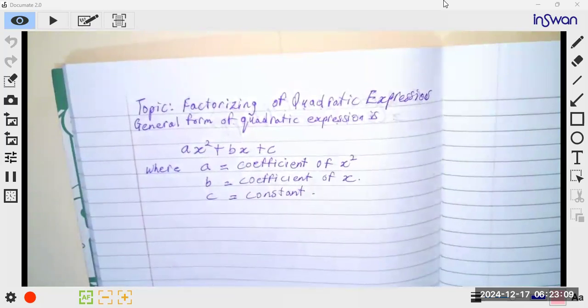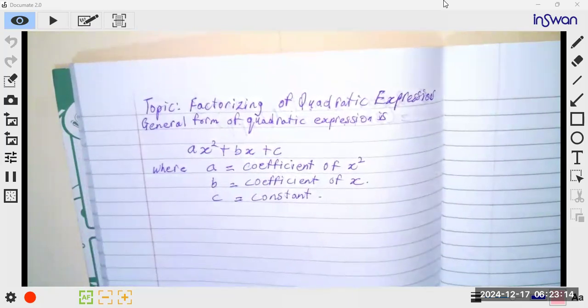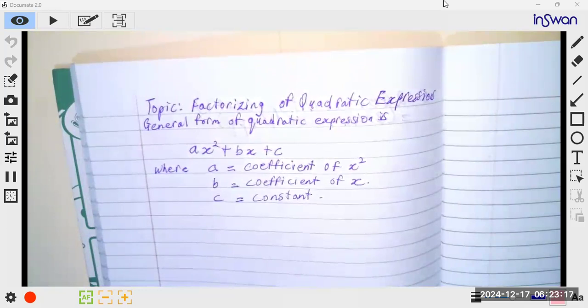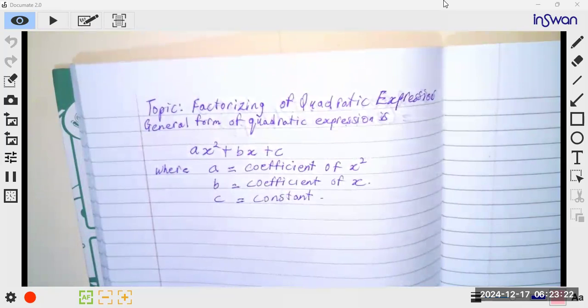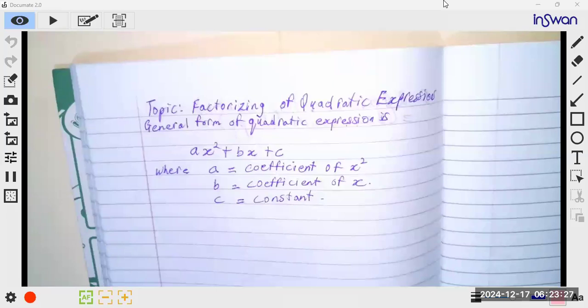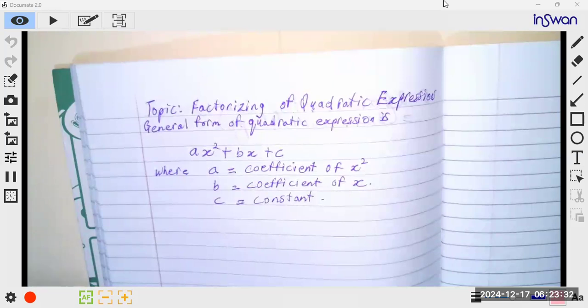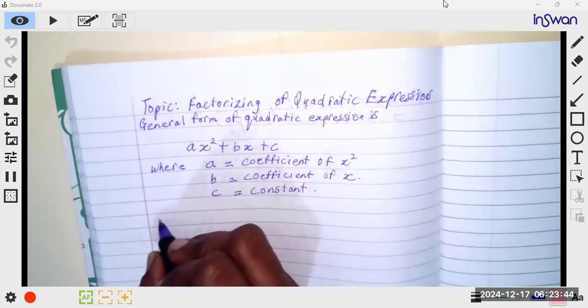So when we factorize this quadratic expression, we need to come down to two brackets. That's what you were doing when you were factorizing by grouping. Okay? So that's what you'll be doing here, using this quadratic expression, breaking it down into its factors. So let's start off with our example.